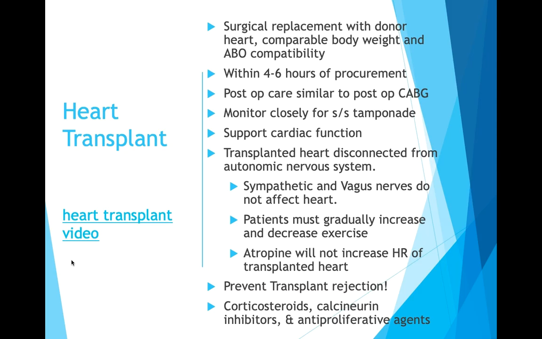They don't have that fight or flight. So they need a gradual increase and decrease when they exercise to get their heart rate up, and then again to bring their heart rate down. And in these patients, atropine will not help. If they're bradycardic, atropine will not help that.